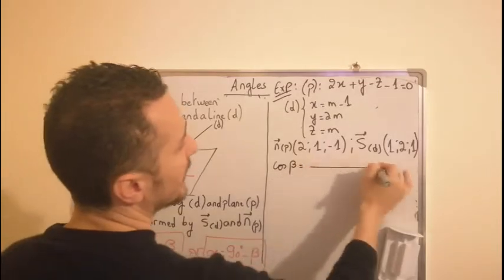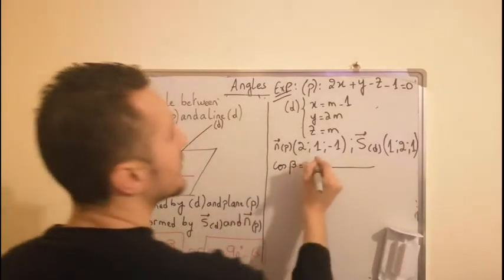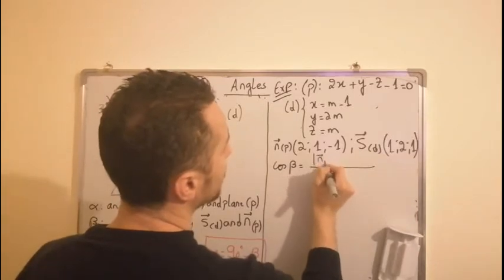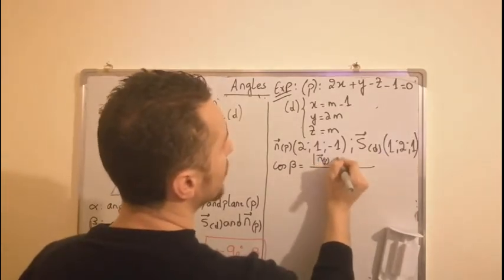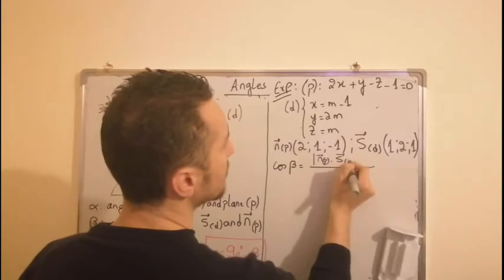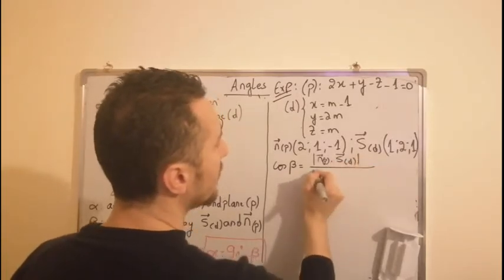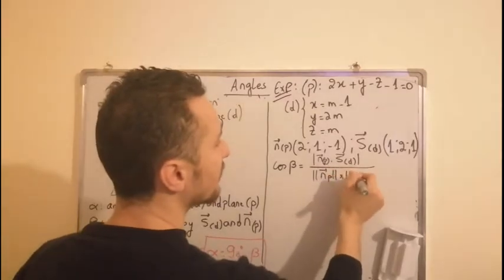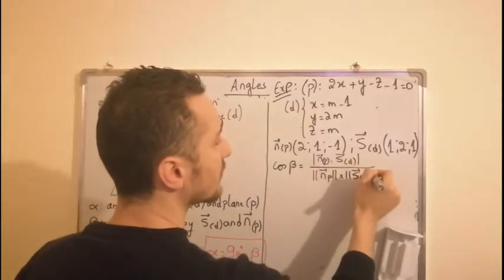Cosine beta is the absolute value of NP scalar product with SD, divided by the norm of NP times the magnitude of the directing vector.